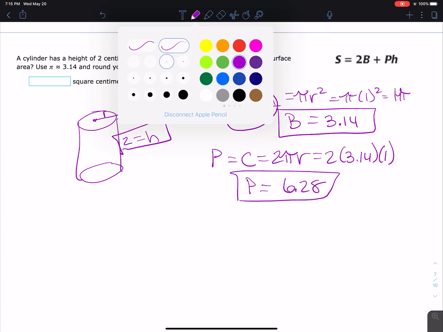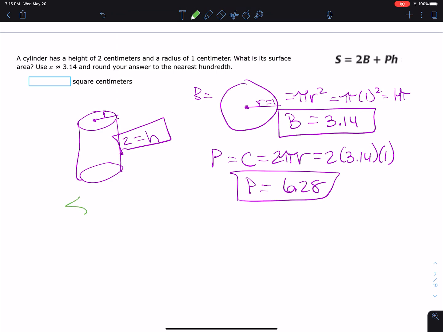All right, let's change colors and solve this guy. So surface area is 2 times 3.14. Now I'm just plugging everything in, plus perimeter, which is 6.28, times your height, which is a 2.